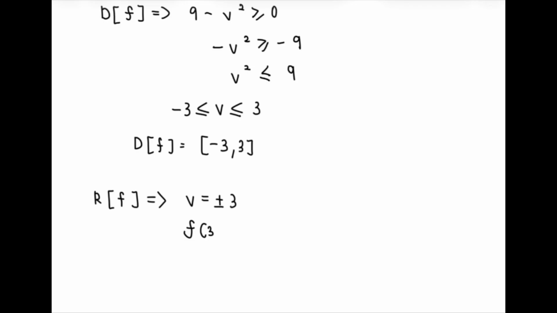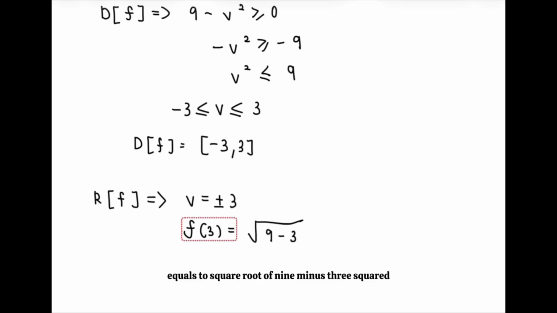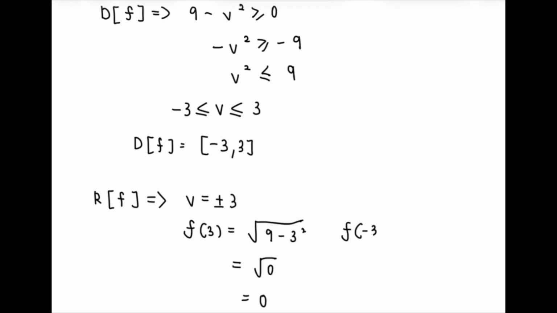So f(3) will equal the square root of 9 minus 3 squared, which gives the square root of 0. Okay, now let's substitute negative 3 into the function, and we should be getting the same thing. Square root of 9 minus negative 3 squared, so it gives us 9 minus 9.